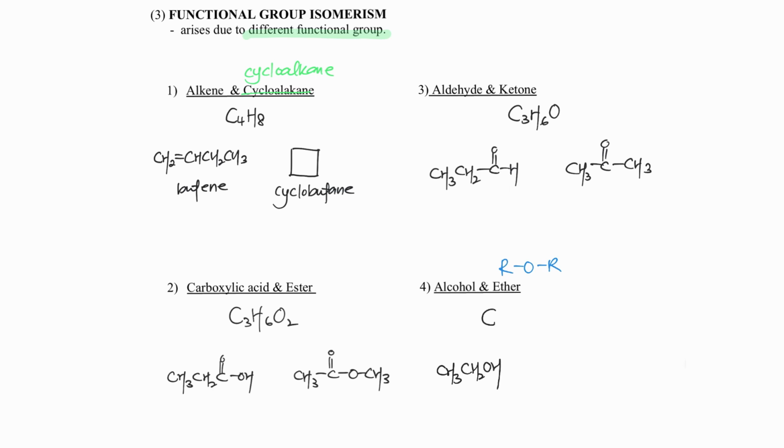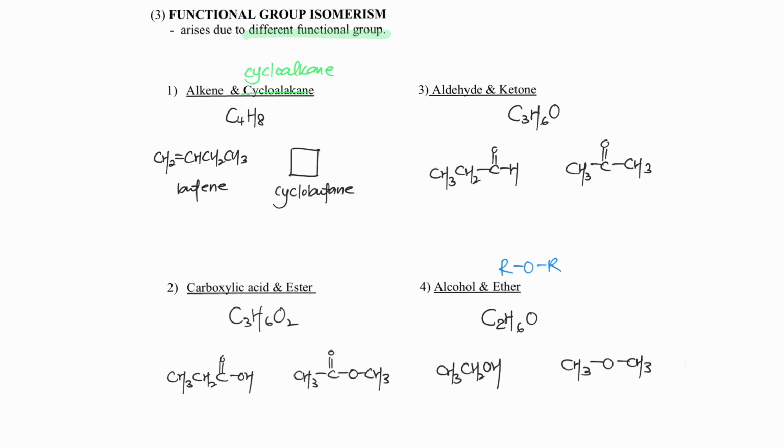So the molecular formula will be C2H6O. So with the same one, we will have an ether to have the same molecular formula. But they will have different functional groups, which is an alcohol and an ether. So these are the examples that we need to know for functional group isomerism.